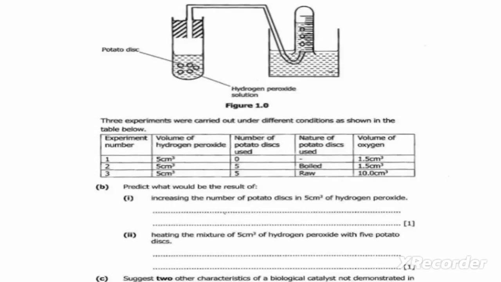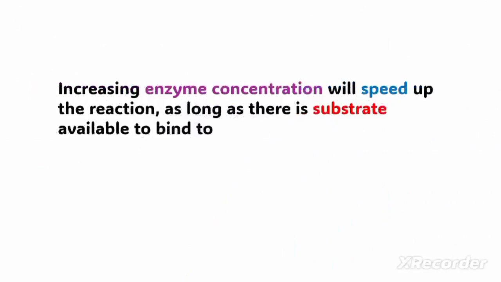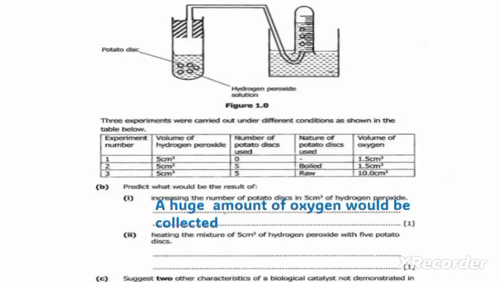So increasing the number of potato discs will speed up the reaction as long as there is substrate available to bind to. So therefore we are going to say a huge amount of oxygen will be collected.